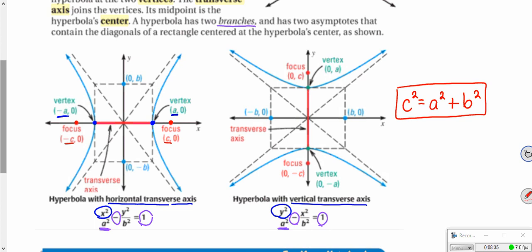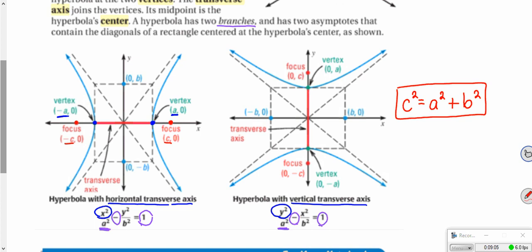Hyperbolas have a minus in the middle of the standard equation, so to find C, there's a plus between the A squared and B squared. Ellipses have a plus in the middle of the standard equation, and to find your C squared, it's A squared minus B squared. So it's kind of opposite signs, if you will. That's how I try to remember it. So that's how we find our C for a hyperbola: A squared plus B squared.